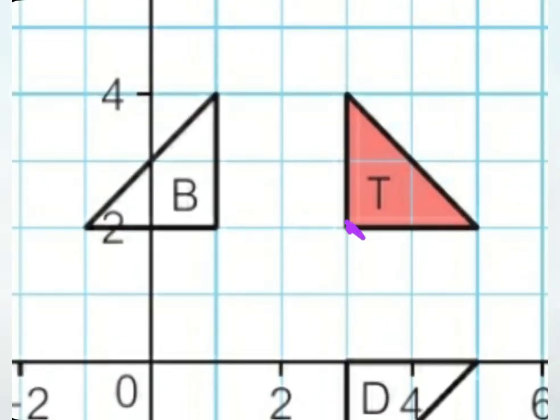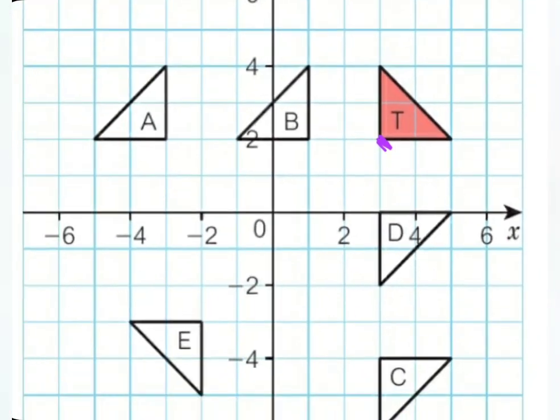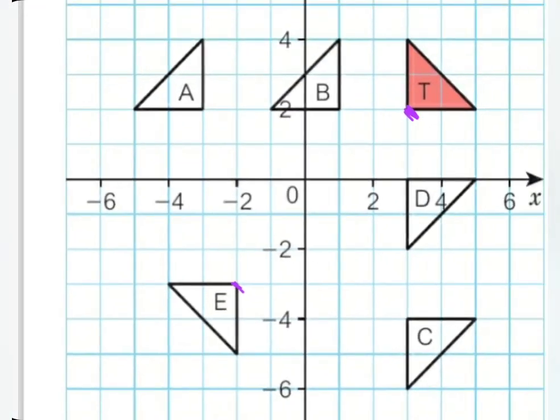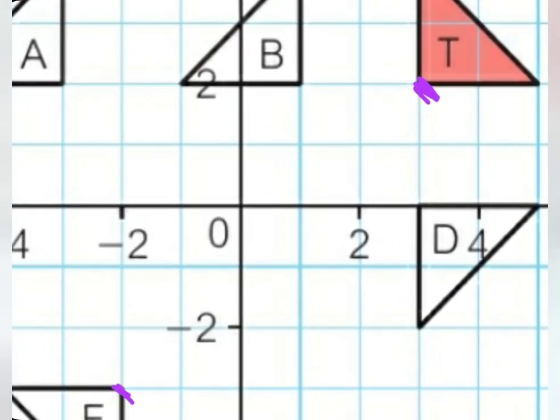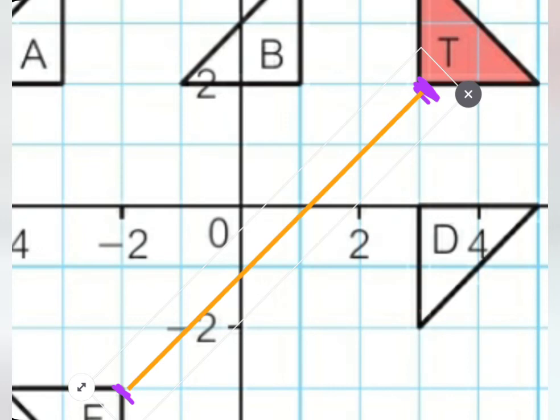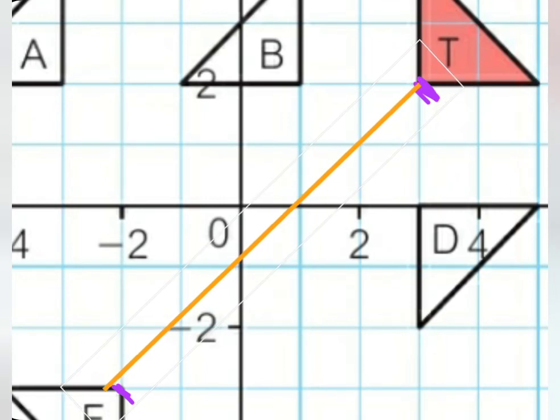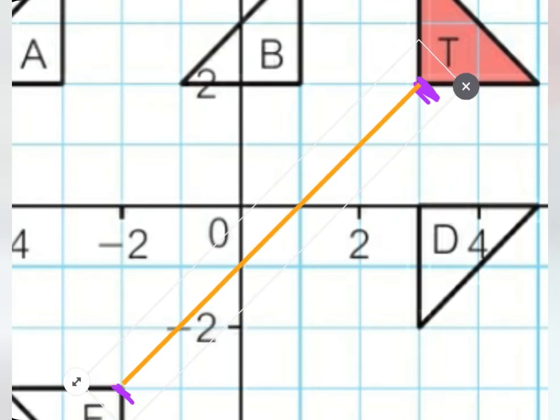For example, this point here is corresponding to what point here? Very good, to this point. Now, we draw a line between them, like this. We can use the ruler and measure the line and find the middle of this line. Or we can use the boxes on the grid itself.